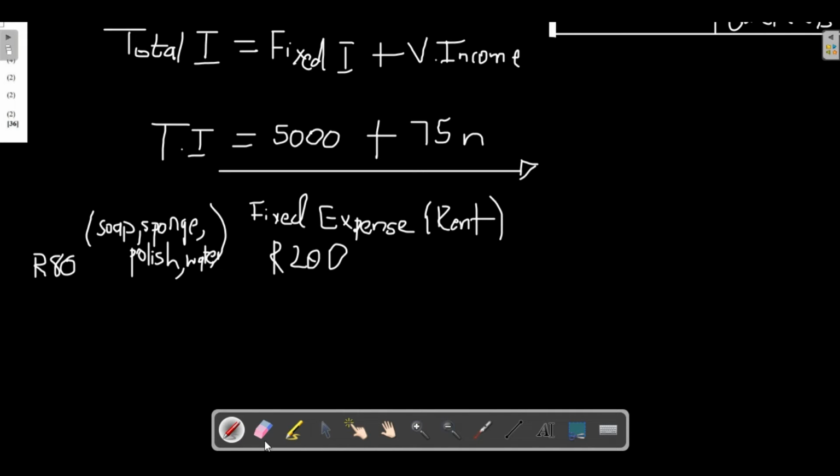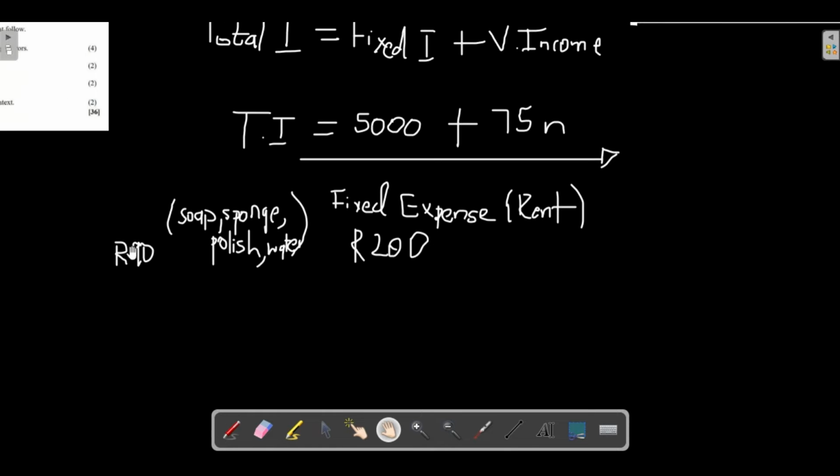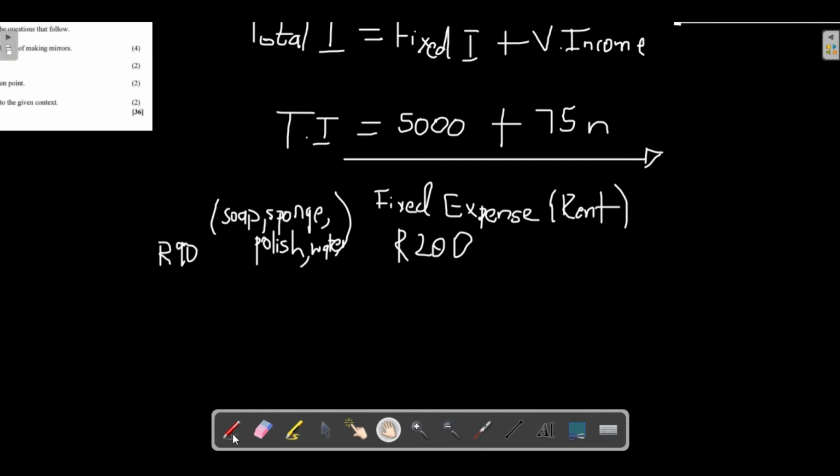So let's actually up that, and let's say it's maybe 90 rands. This is the amount of money you use to wash one car. So this is a unit cost. So this is a variable then.